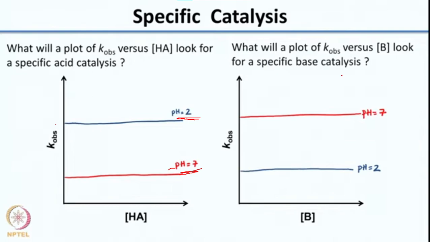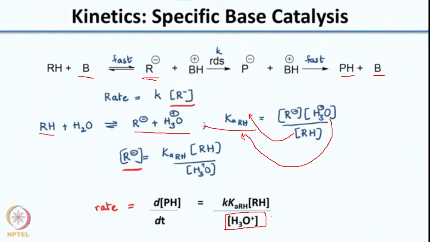Now talking about the specific base catalysis reaction, you can see the higher the pH value, that means the lower the acidity. Lower acidity means higher k observed value. I told you here the relation is inversely proportional. If the acidity of a specific base catalyzed reaction increases, that means the rate will decrease.